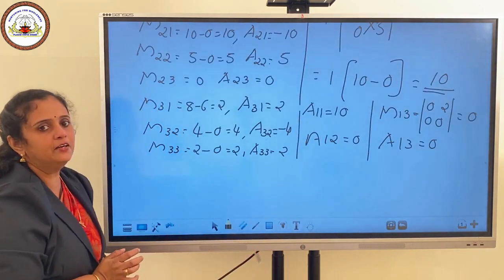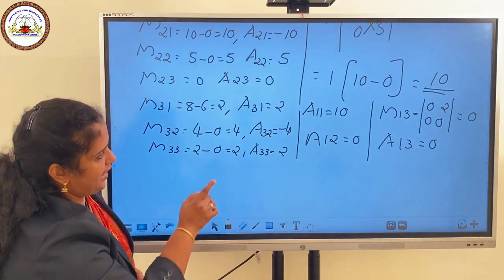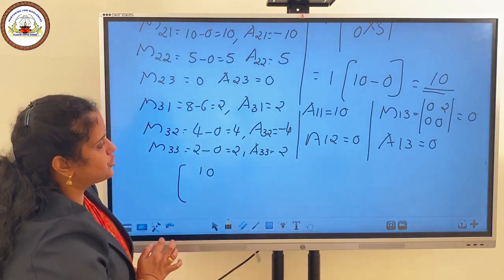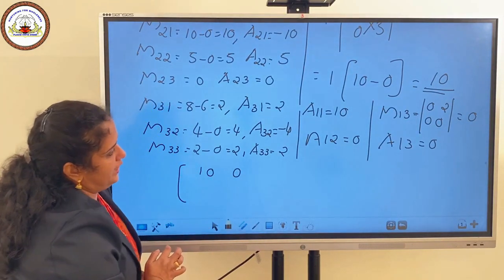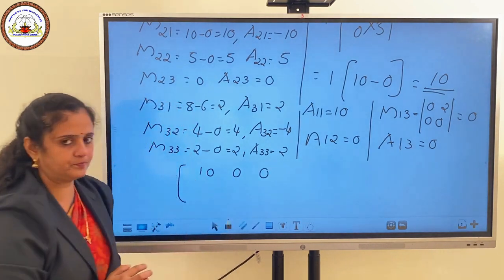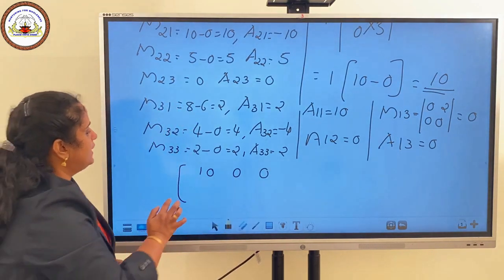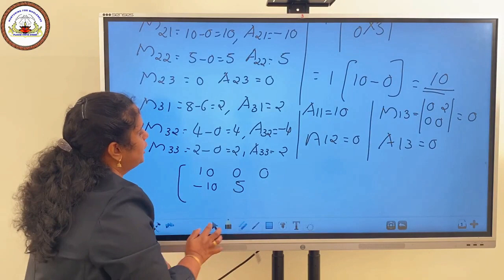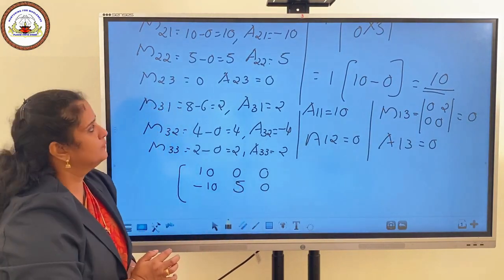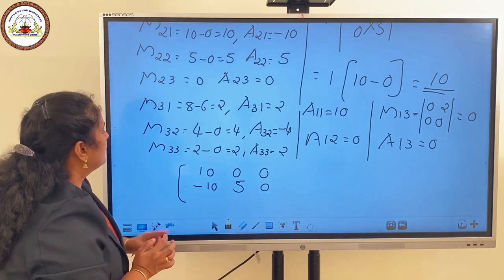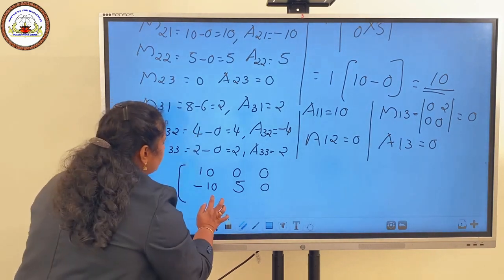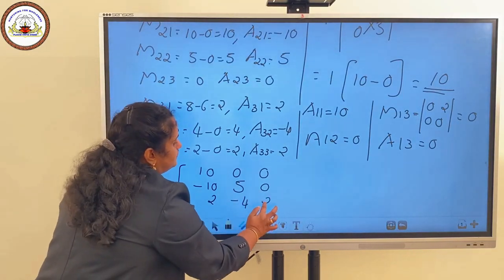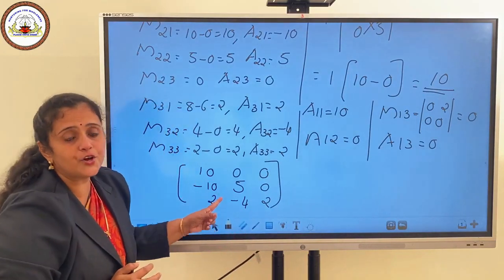The cofactor of the given matrix is A11 10, A12 0, A13 0, then A21 minus 10, A22 5, A23 0. Then the next one is A31 is 2, A32 minus 4, A33 2. This is the cofactor of the given matrix.